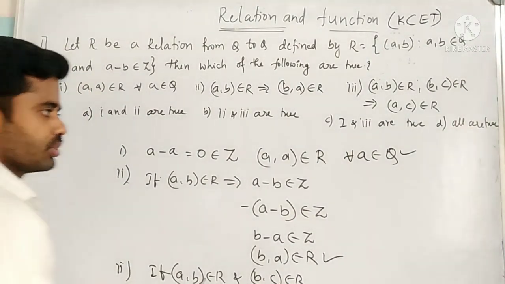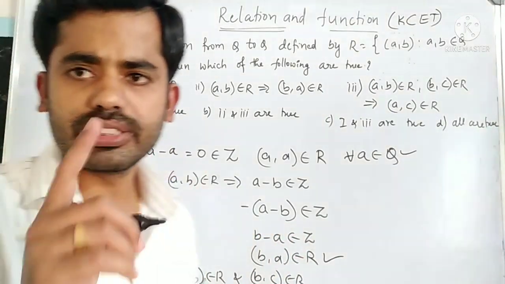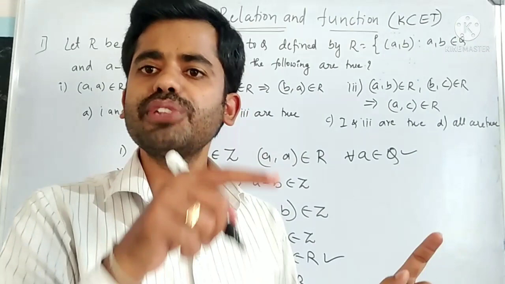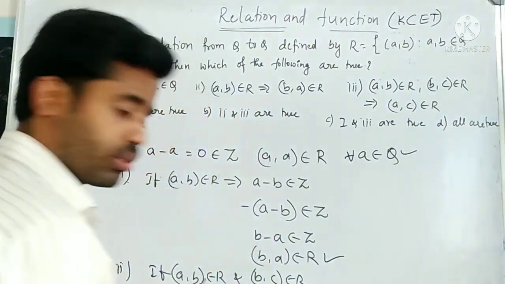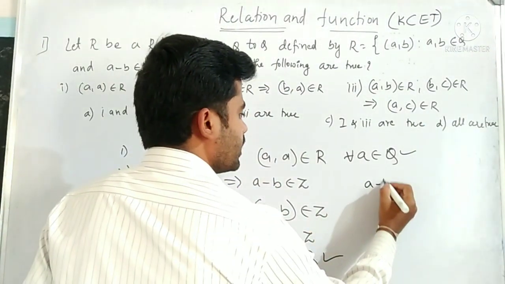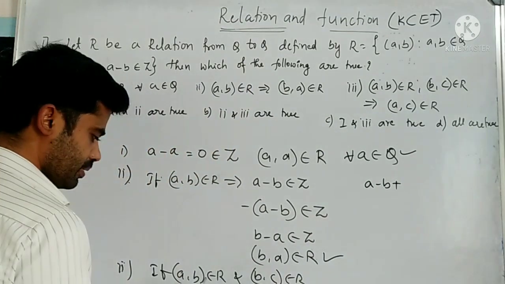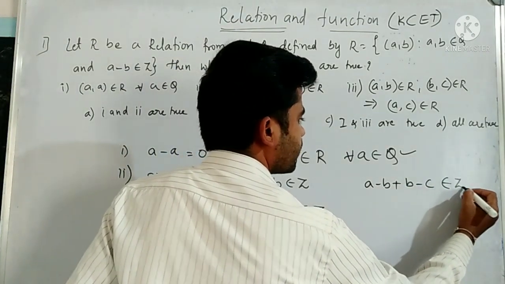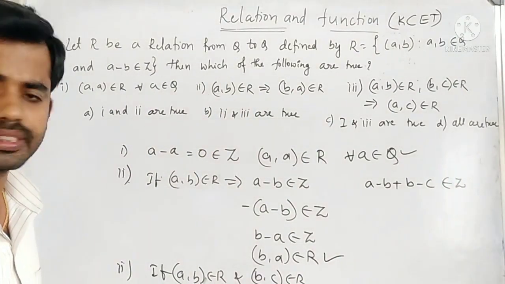Then let me do this one. If one integer and another integer are given, the sum of the two is also an integer. We know that (a minus b) plus (b minus c) is an integer.